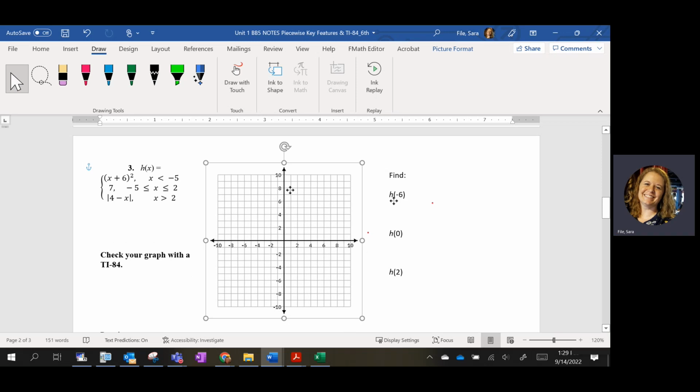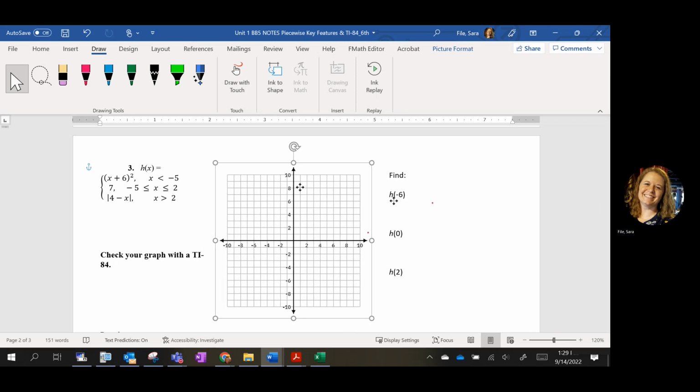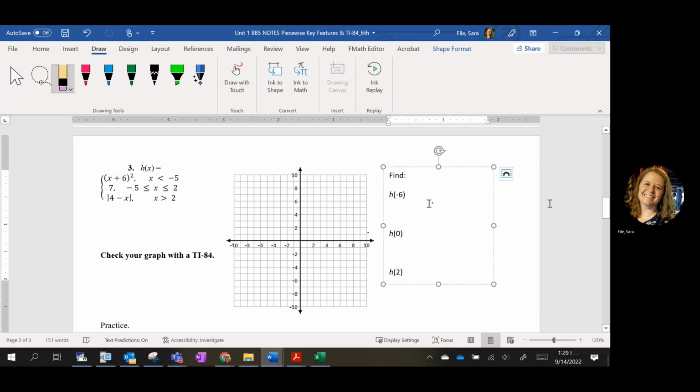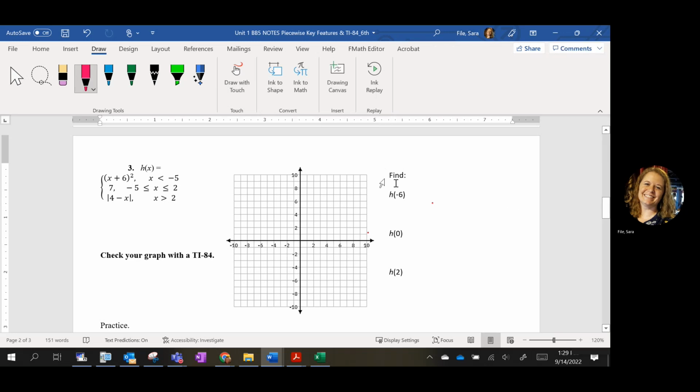Put this back where it goes. Okay. Erase these marks. Okay, maybe those marks won't erase. I don't know what's happening. Okay.